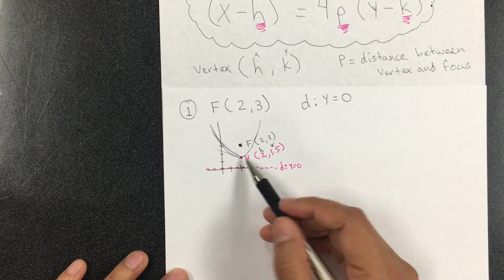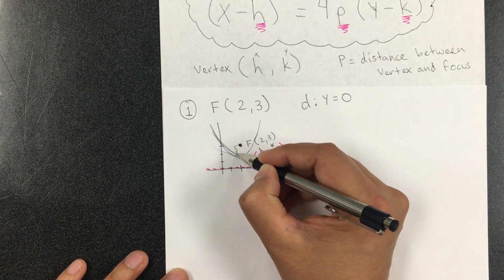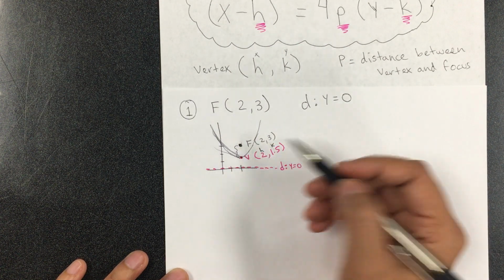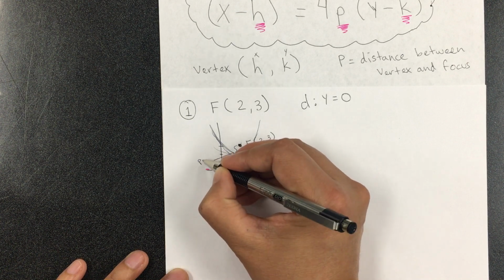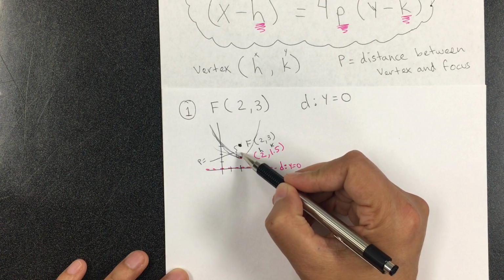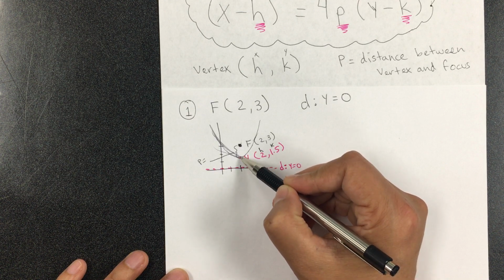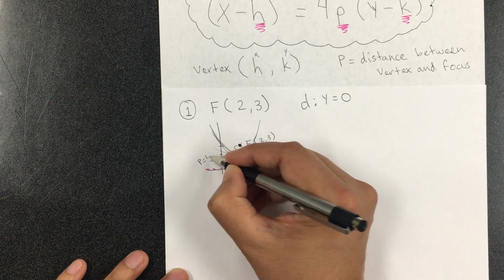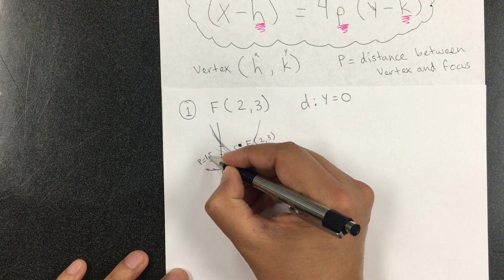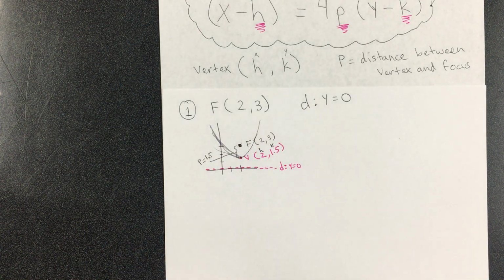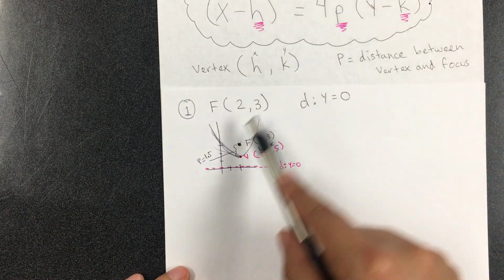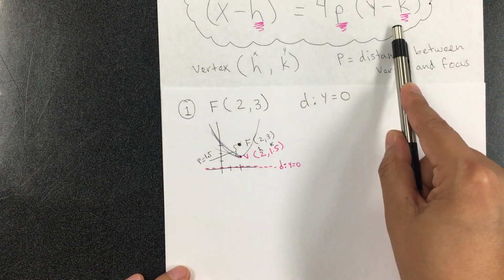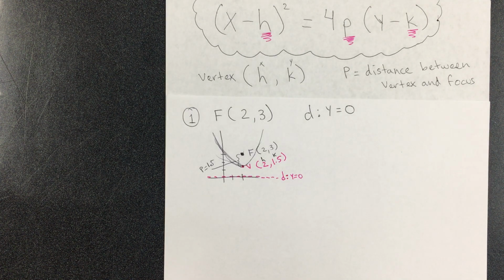And so the P, which is right here from the vertex to the focus, I'm just gonna put it right here, P is equal to, well, the distance between these two points is 1.5, because it's halfway, right? So now we have our h, k, and p, which is what we need for the general formula.